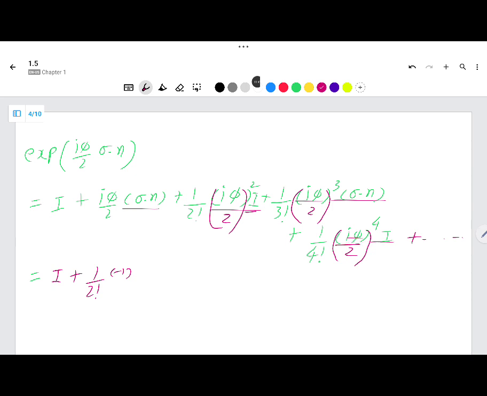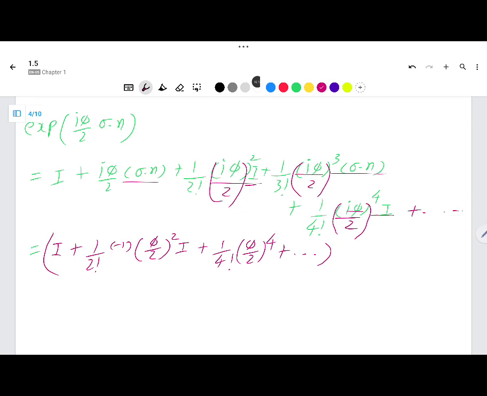I squared will give me minus 1. And then it will be 5 by 2 squared identity plus 1 by 4 factorial. This will be plus 1, there is 5 by 2 to the 4, and so on.